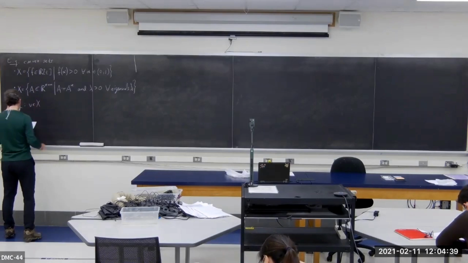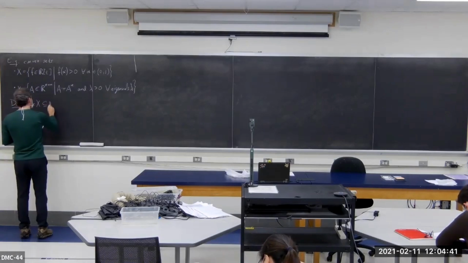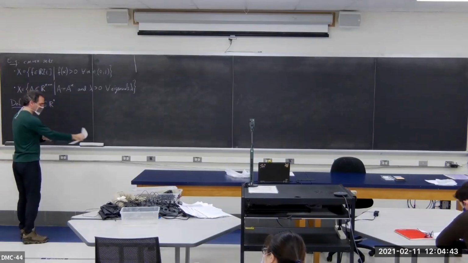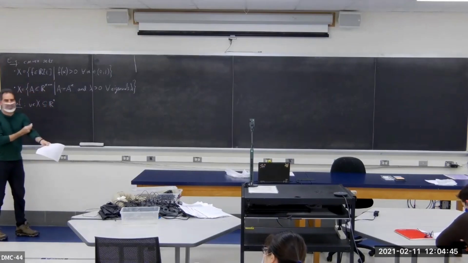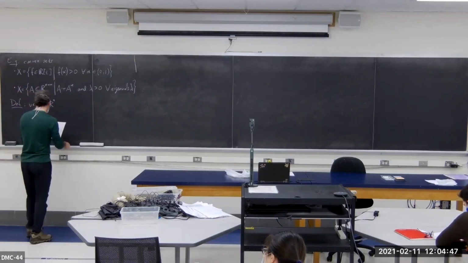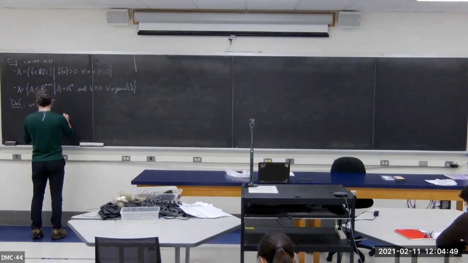So I want to call a point in X an interior point. X is just some subset of Rn. I'm not necessarily assuming that it's convex, but if you want to assume that it's convex, that's fine for this purpose.